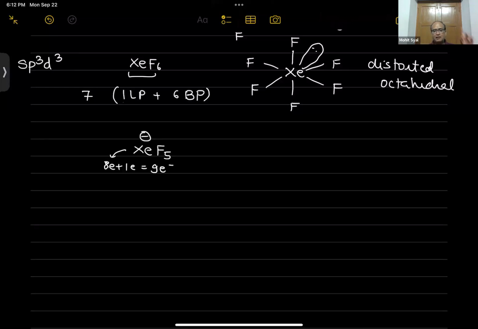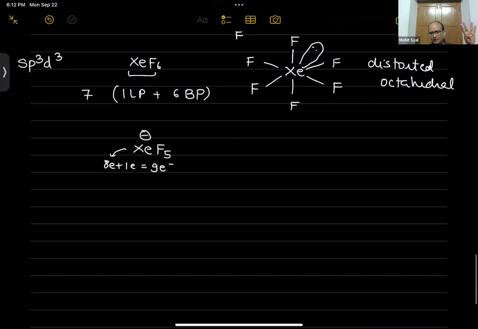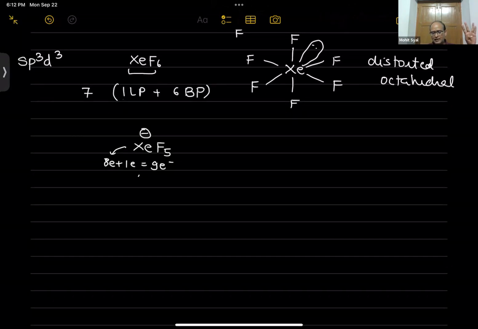XeF5 minus has 9 electrons. I need 5 of them to make bonds with the fluorine. How many are left? 4 are left. 5 are required for bonding, one with each fluorine. 5 fluorine atoms are there, and there will be 2 lone pairs. So I can write 2 lone pairs and 5 xenon-fluorine bond pairs.